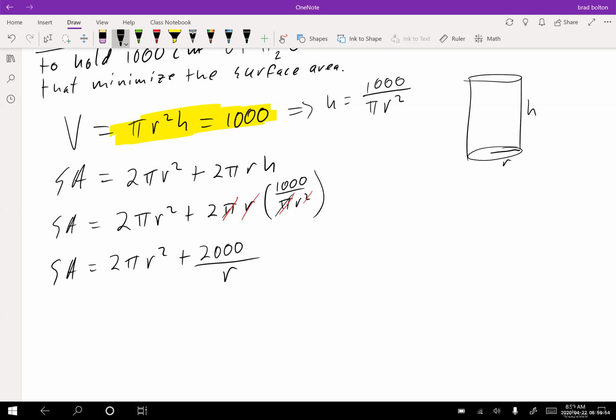Okay, so let's take the derivative of this and we're going to d/dr both sides.